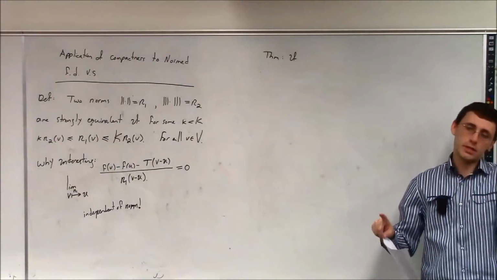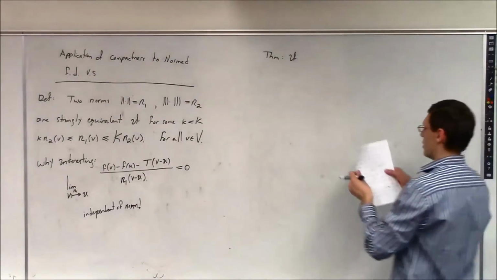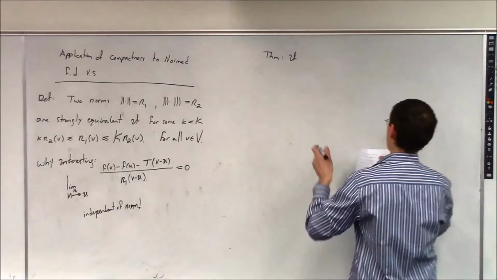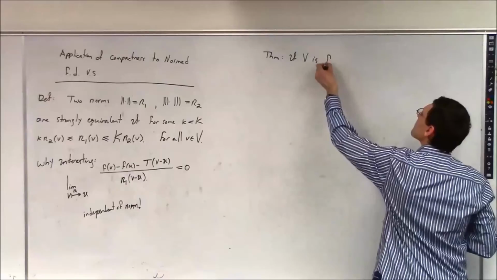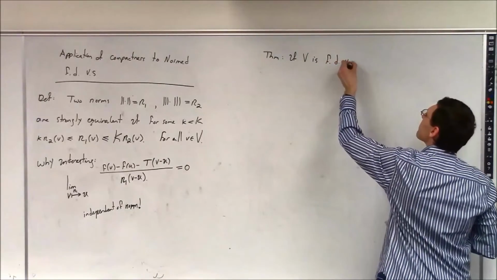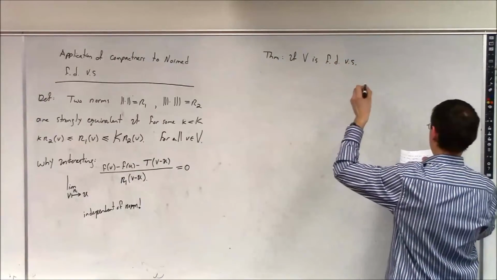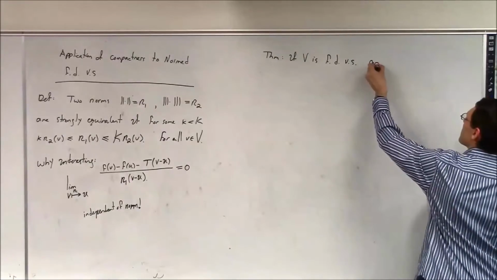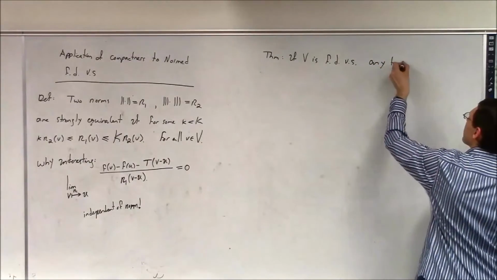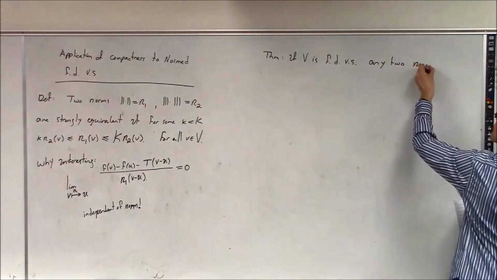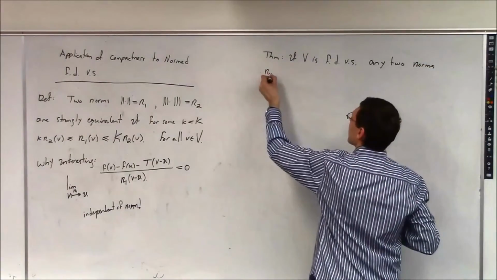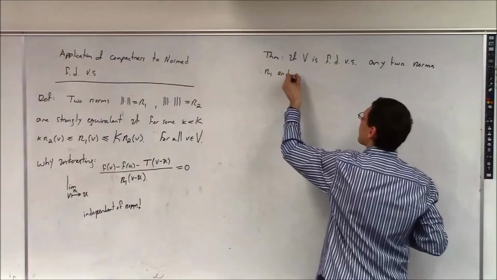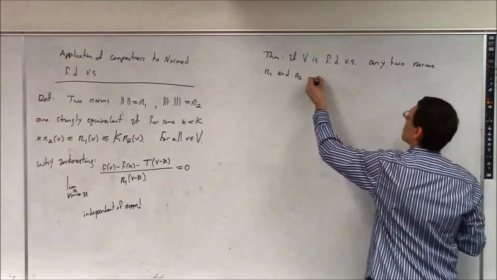If it's easy to prove for a disk, you use a disk. So the theorem is: if V is a finite dimensional vector space, any two norms n1 and n2 are strongly equivalent.